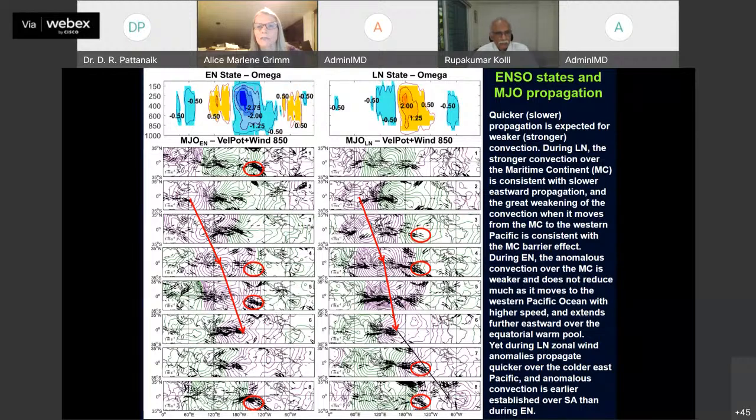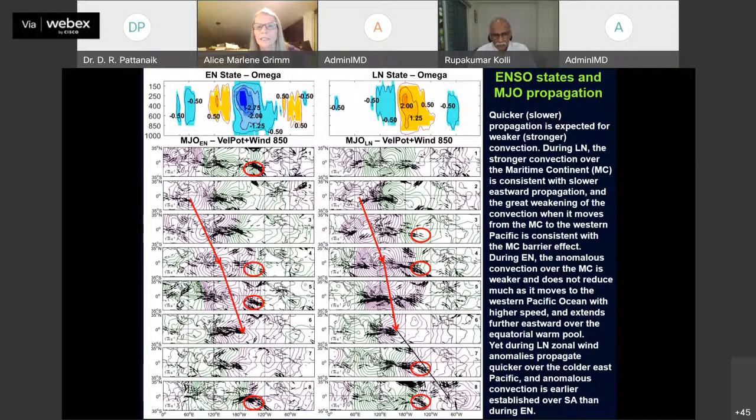During El Niño, the anomalous convection over the maritime continent is weaker and does not reduce much as it moves over the maritime continent to the Western Pacific. And it extends further during El Niño into the Central Pacific.